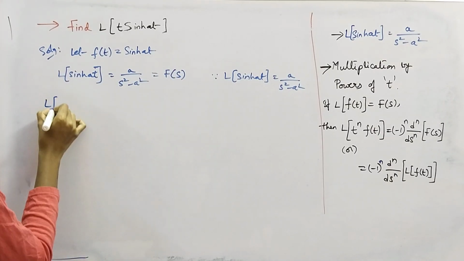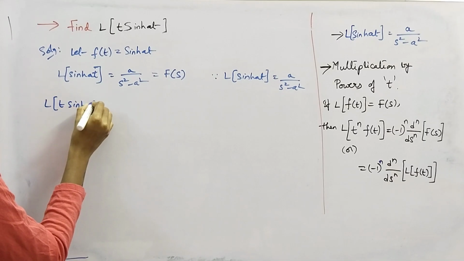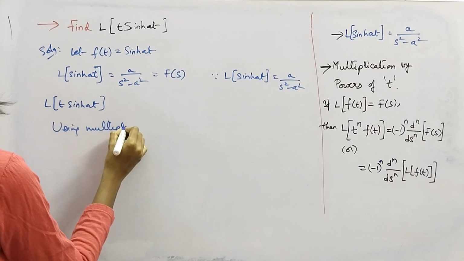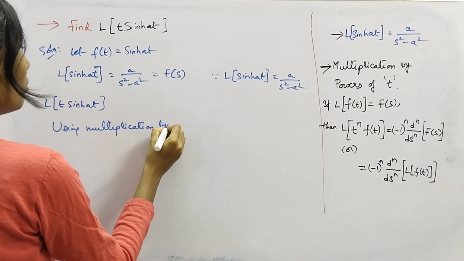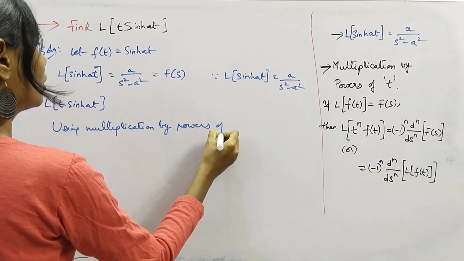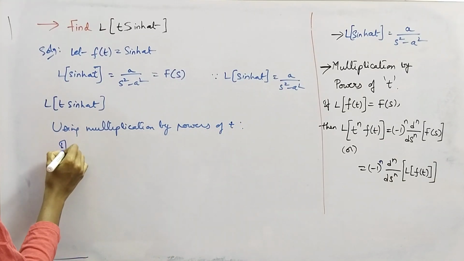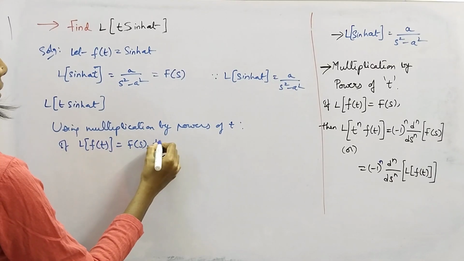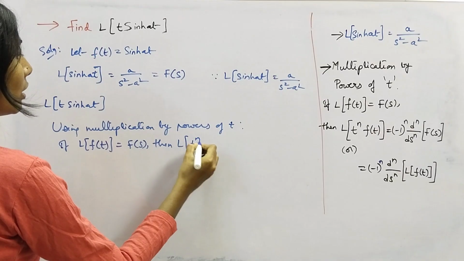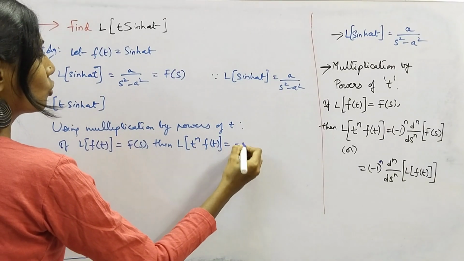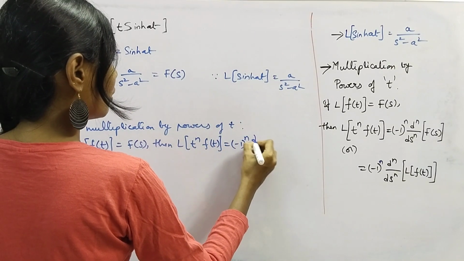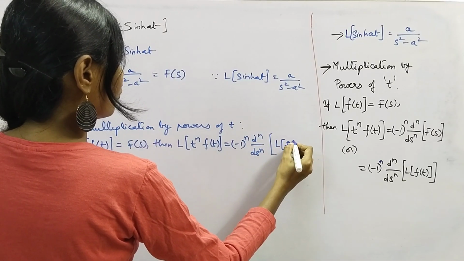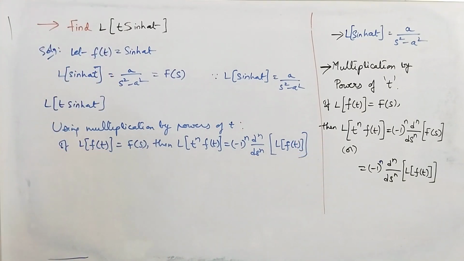Now we'll find L of t into sinh at using multiplication by powers of t. That is, if L of f of t equal to f of s, then L of t power n f of t equal to minus 1 power n into d power n by ds power n of L of f of t, or you can write f of s simply.